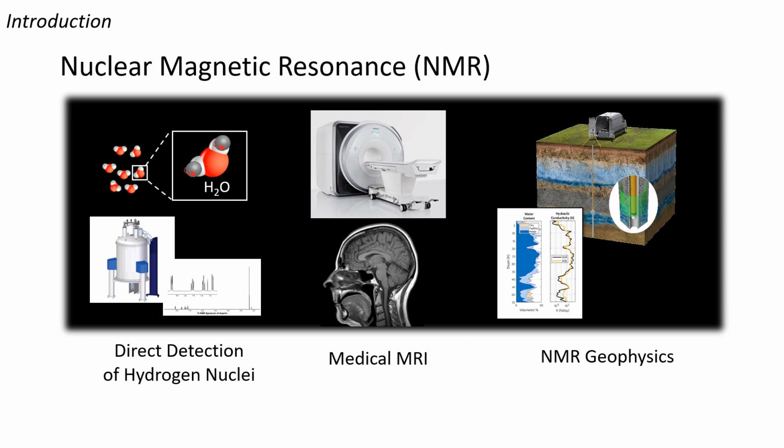So where is nuclear magnetic resonance used? Originally the method was developed in the 1940s in organic chemistry, and until today it is widely used in organic chemistry and pharmaceutical industries to characterize chemical bonds on the molecular level.